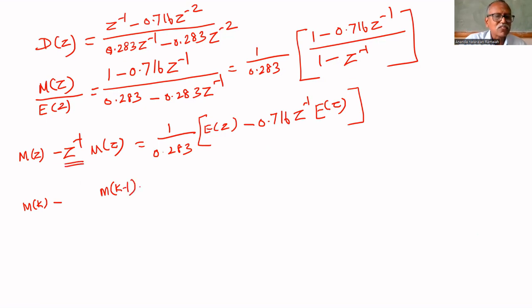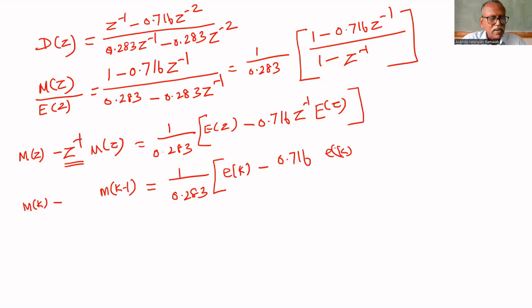That's why M of k minus 1 equal to 1 by 0.283 E of k, and taking inverse z transform you will get E of k minus 0.716 z power minus 1, which means delay by one sampling period, that is E of k minus 1.